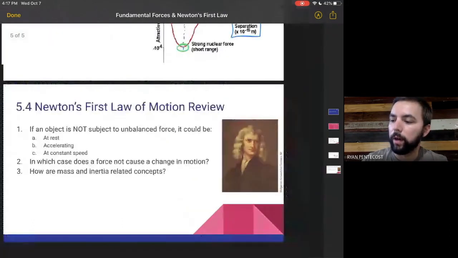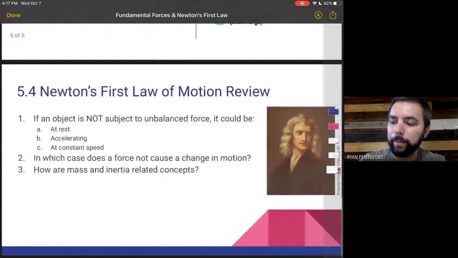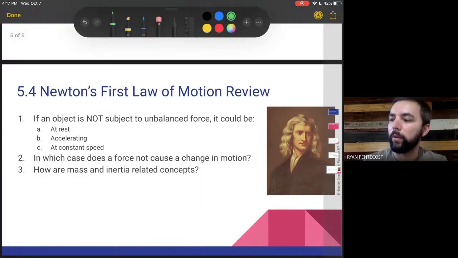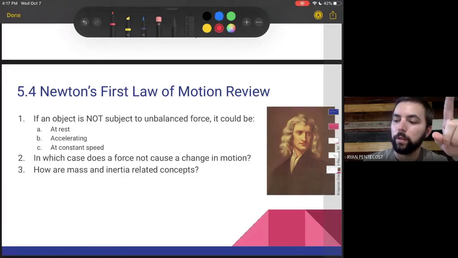But enough about Newton. First law: if an object is not subject to an unbalanced force, it could be at rest, accelerating, or at a constant speed. So if we review the first law, it's not subject to unbalanced force. Due to that first law, it could be at rest, or it could be at constant speed.